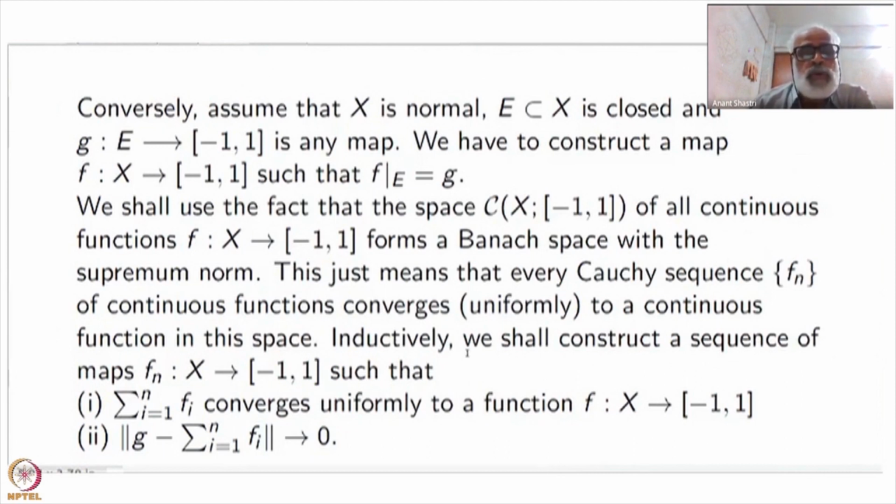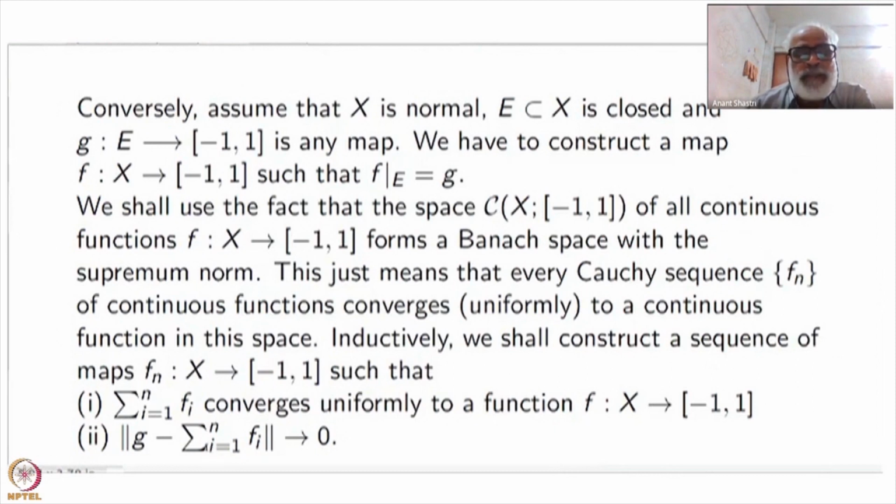Okay, how are we going to use it? Inductively, we shall construct a sequence Fn from X to [-1, 1] such that the summation of the Fi's, these are partial sums, that sequence converges uniformly to a function f from X to [-1, 1].